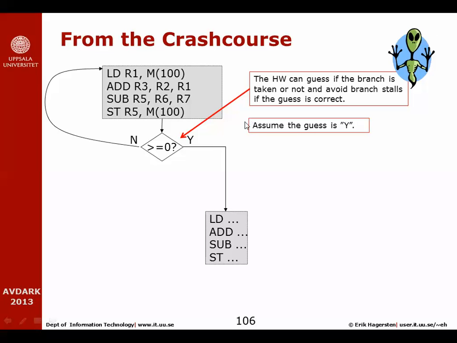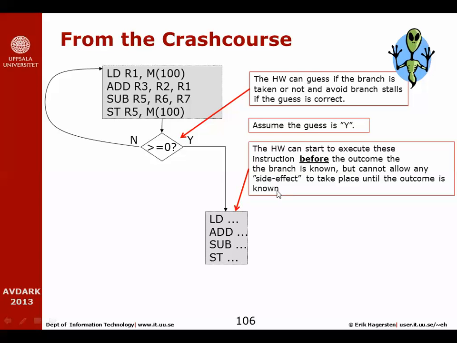In speculation, we can start to execute the instructions at the target of the branch, and assume that the little green man says we're going to take the Y branch here. We can actually start to execute instructions from this basic block before we know the outcome of the branch, as long as we are careful and make sure that they have no side effects on the architecture state until we know that the branch indeed was going to be taken.